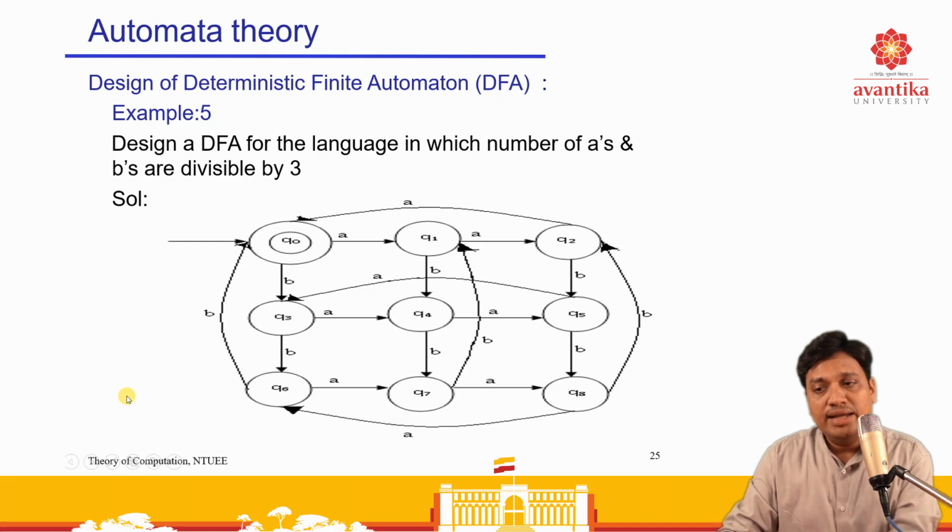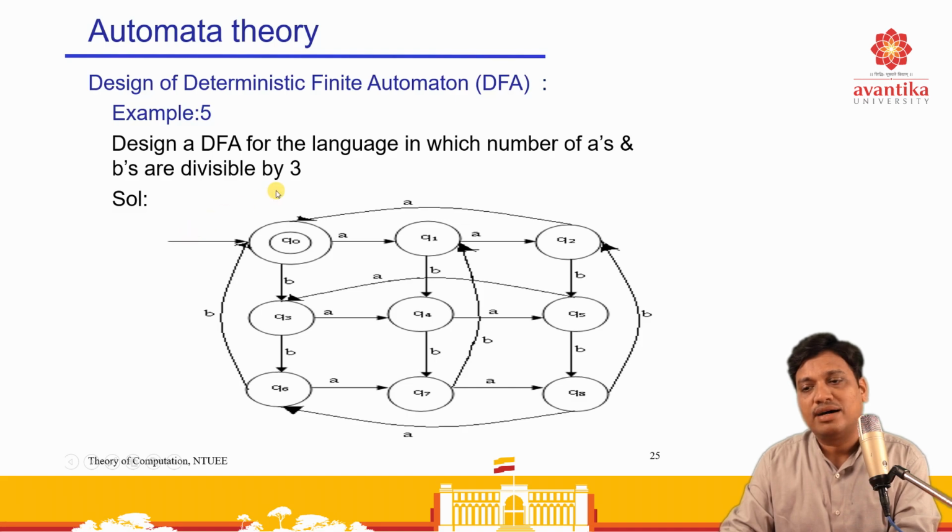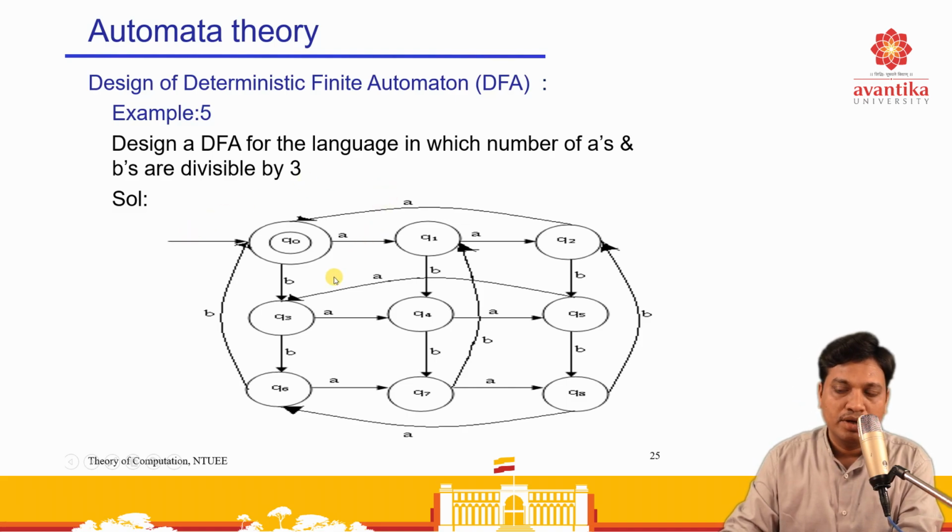Then design a DFA for the language in which the number of A's and the number of B's are divisible by 3. So the count of A's and B's is in a manner divisible by 3.